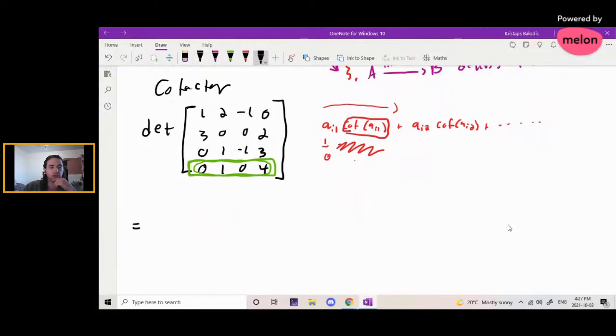So first we have 0 times the cofactor of, we'll call this A41. I'm not even going to bother writing it out, because we're multiplying by 0.